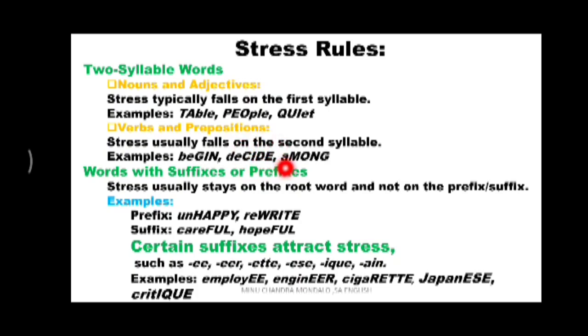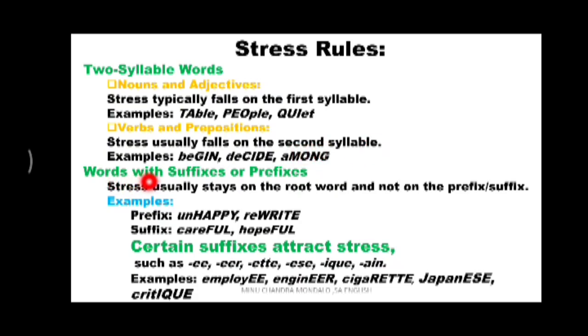Similarly, among. The stress will fall on the mong, because this is the second syllable. So from this it is clear that if it is a noun or adjective, the stress typically falls on the first syllable, and if it is a verb or a preposition, then the stress usually falls on the second syllable.